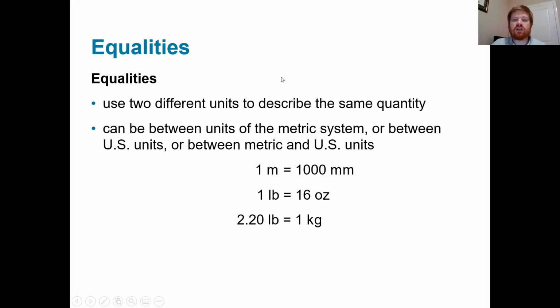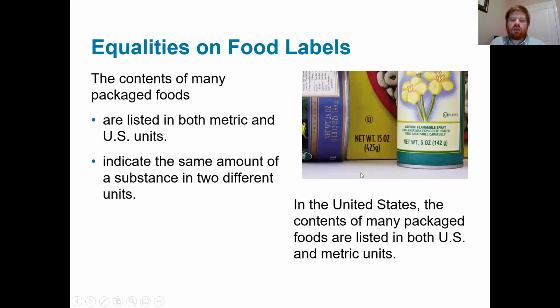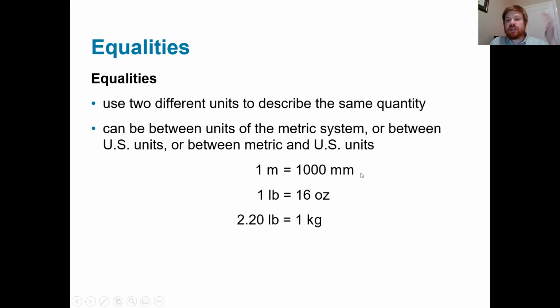So we've already seen equalities, how they work between units of the metric system. It could be between US units as well. So like 1 pound equals 16 ounces. You may be familiar with that. And then finally, you can have equalities between metric and US units. For example, 2.20 pounds equals 1 kilogram.